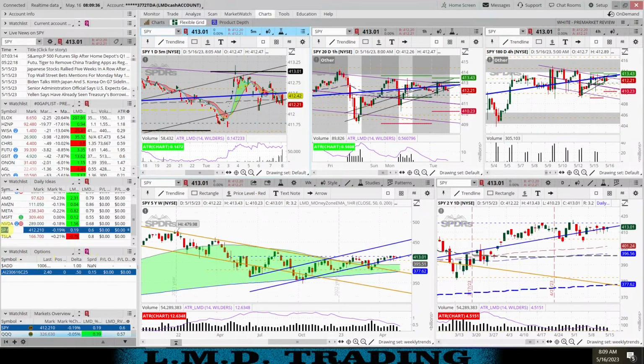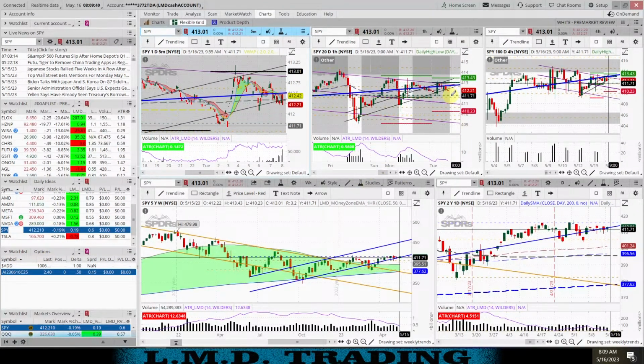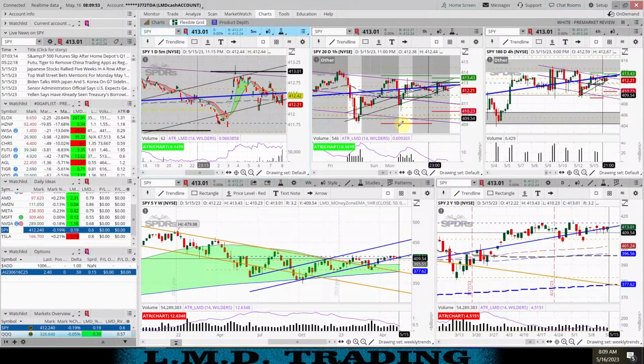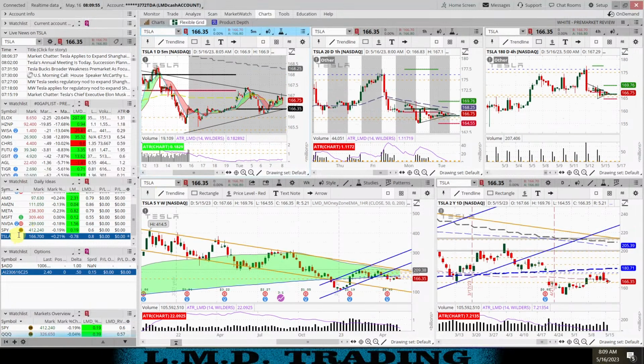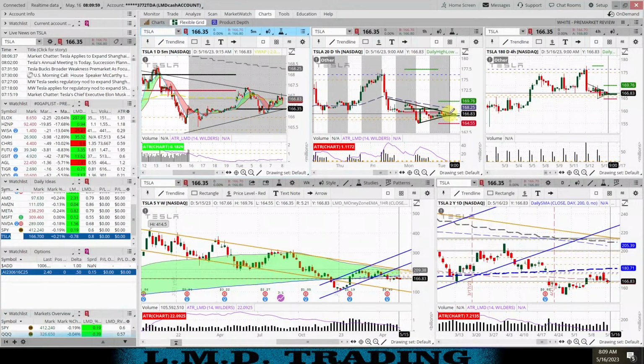Hope y'all enjoyed. Let's take a peek at the SPY one more time. Boom, we see it trying to break to the downside. This still has another one candle, yeah, maybe another one candle to really determine what it's going to do. Let's look at Tesla. Tesla was another one that was kind of pennant. Again, we got a whole nother hour and a half before market opens.